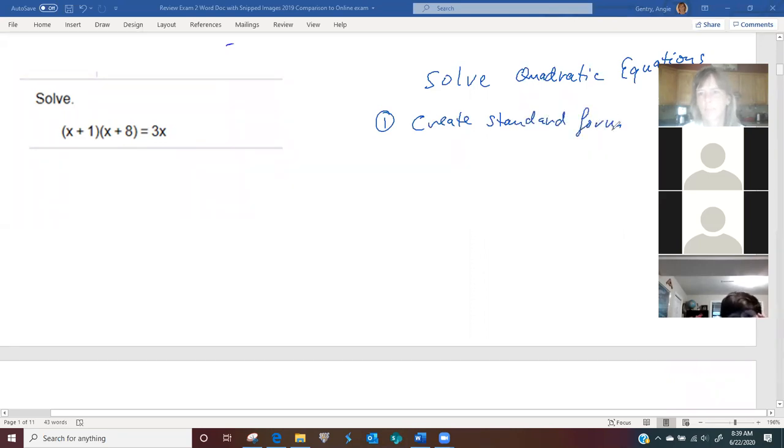And I'm going to go fairly fast, but this is ax squared plus bx plus c equals 0, meaning you need everything on the left side and you have to have a 0 on the right, okay? Or you can have a 0 on the left, there's no difference, 0 equals. What I'm saying is all the variables on one side, 0 on the other.